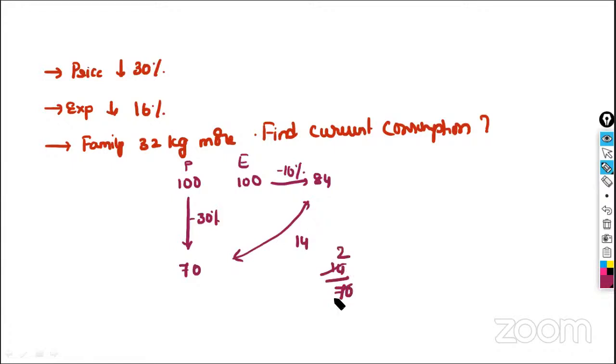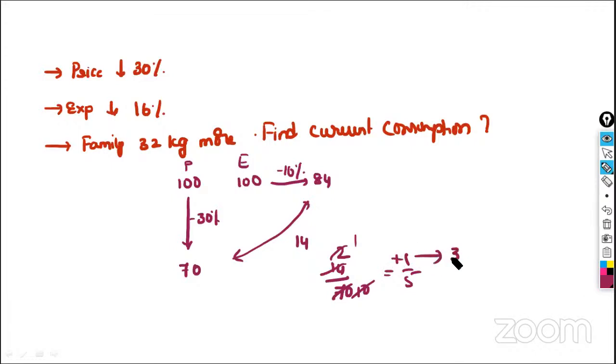So 7 twos, 7 tens. So how much? 1 by 5 now. Here 1 is the addition value.